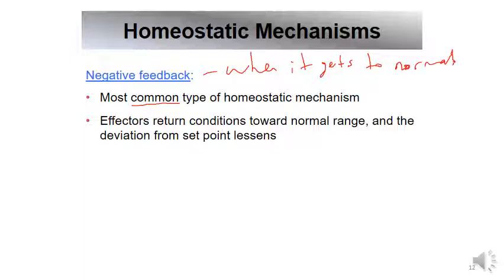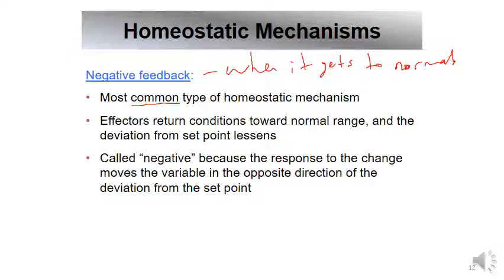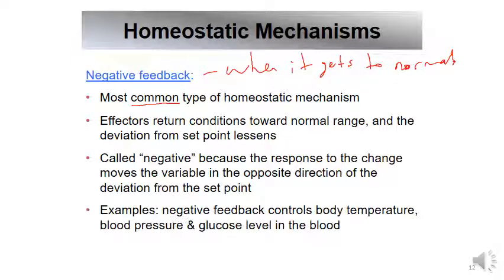And so negative, think negates. The body's trying to negate the bad effect. Okay, so negative feedback controls the body temperature that we just looked at was an example. Regulation of blood pressure, the regulation of the sugar level in the blood are all different examples.